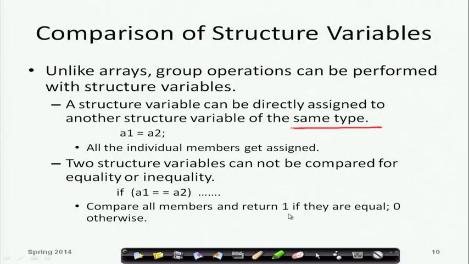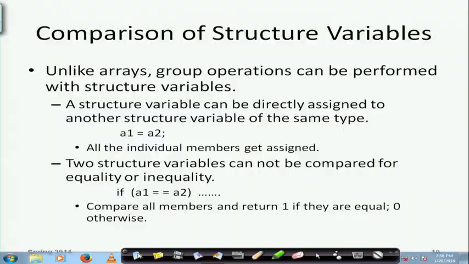Now, for that, what we have to do, we can write a simple function. You can take it as an assignment, that we can write struct CMP, where you will take two structures as input and you will compare them. And how do you compare them? You will check whether variable A1 dot member 1 is equal to variable A2 dot member 1.